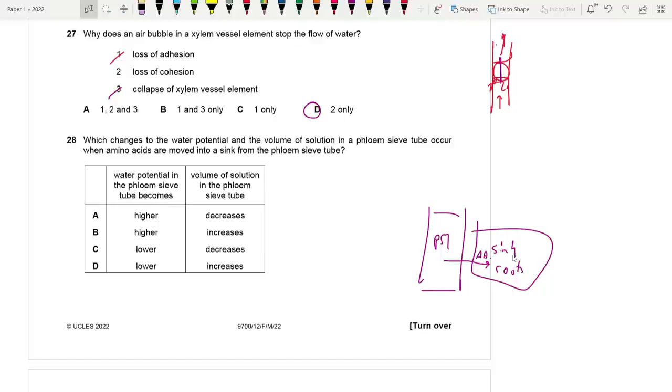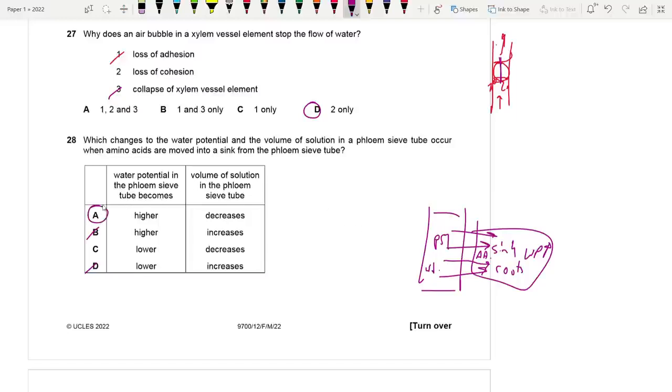Think about it. Since water potential of this will increase, water will follow the amino acids, right? And water inside the phloem sieve tube will actually decrease. But since we lost amino acids from the phloem sieve tube, we just lost solutes, so the water potential will become higher.